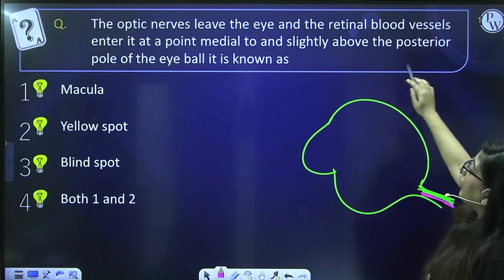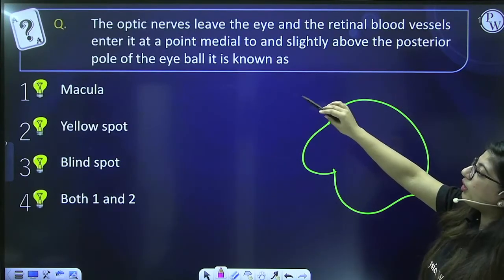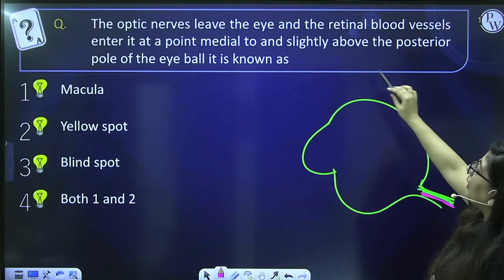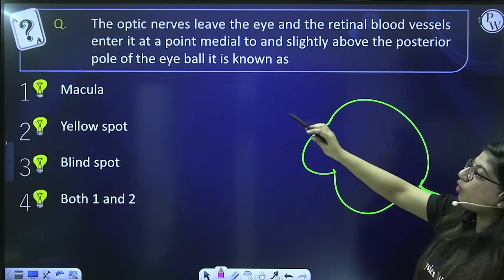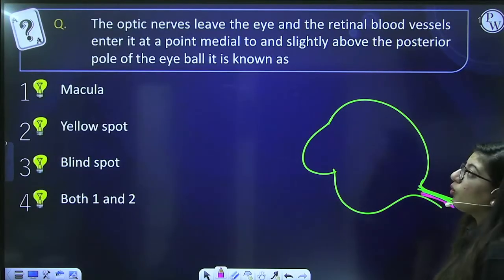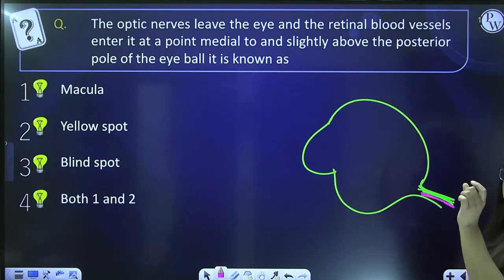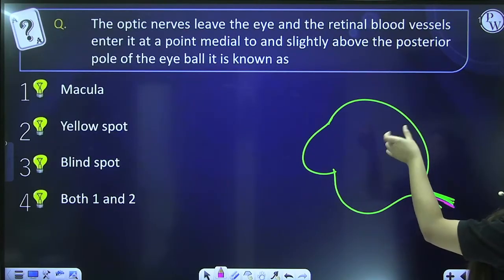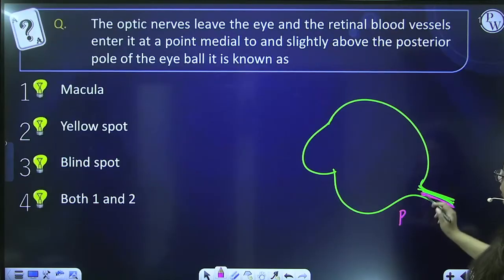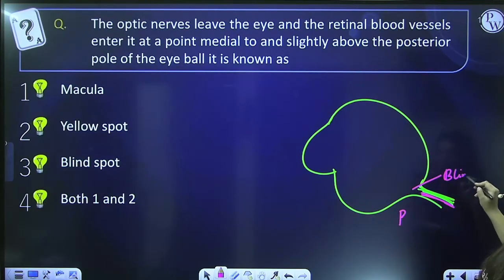A point medial to and slightly above the posterior pole of the eyeball. Medial means center, and slightly above the posterior pole. So this is your blind spot.